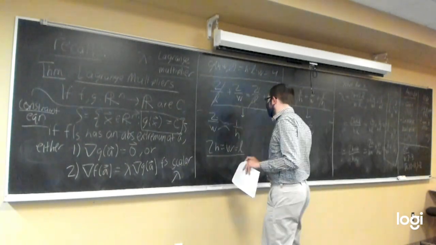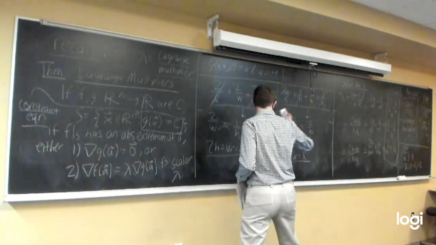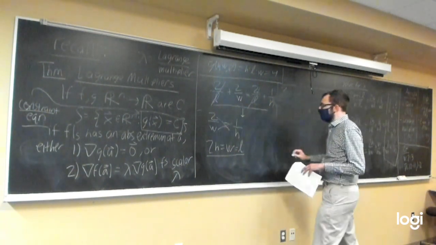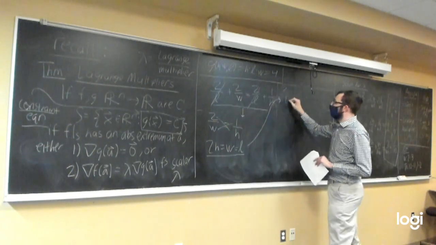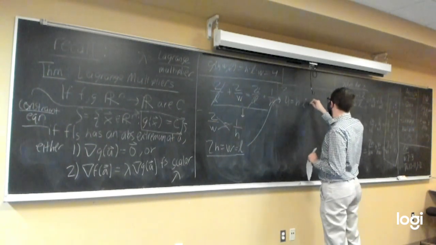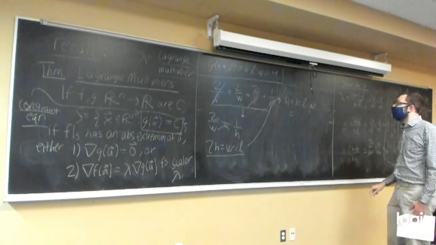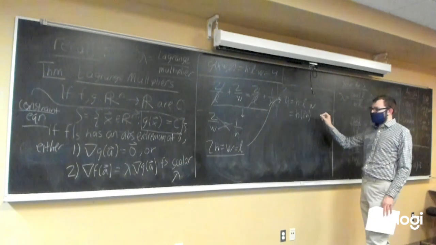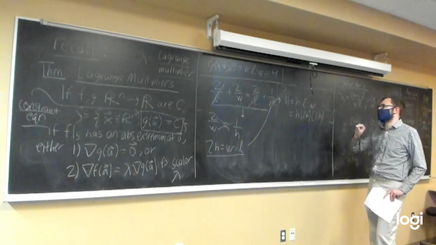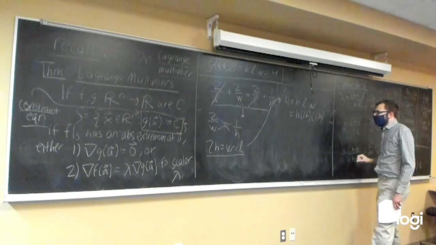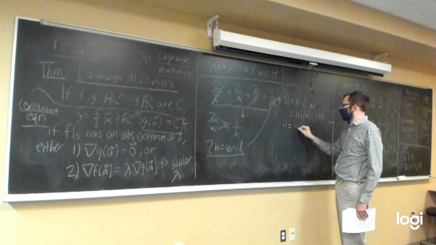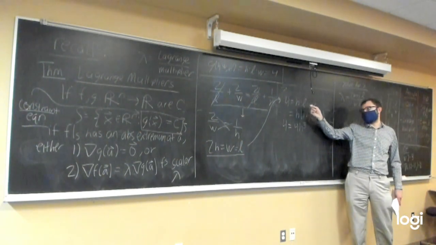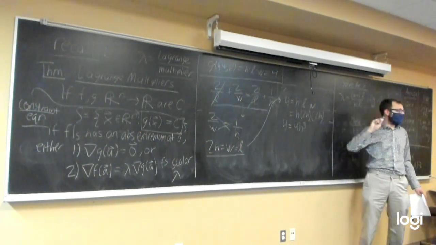If we plug these into our constraint equation, 4 is equal to h times L times w, and L is equal to 2h, w is also equal to 2h, so that 4 is going to be equal to 4h cubed. If we simplify the right-hand side, 2 times 2 is 4, h times h times h is h cubed.